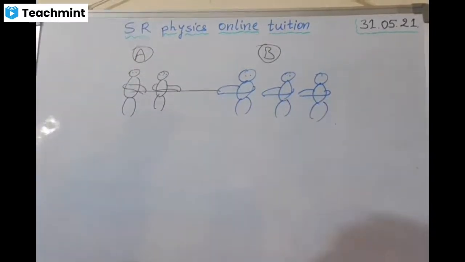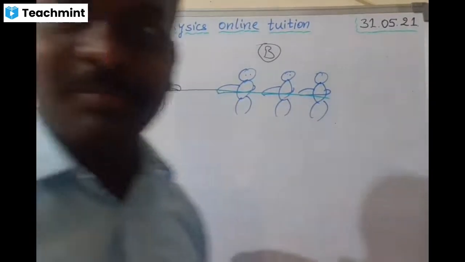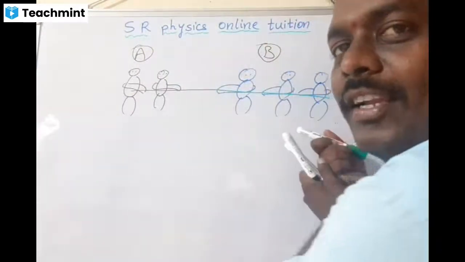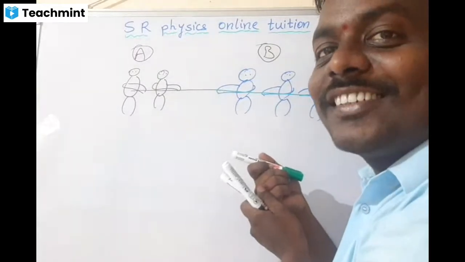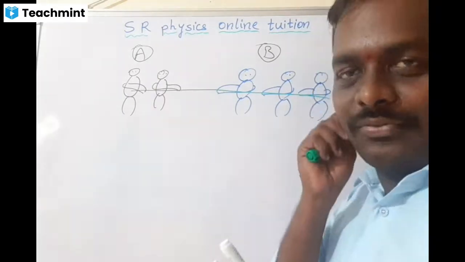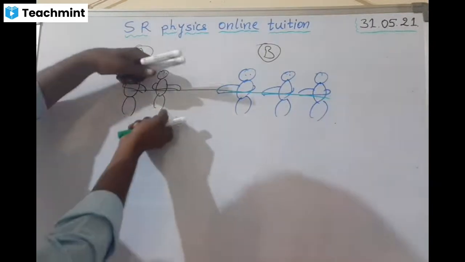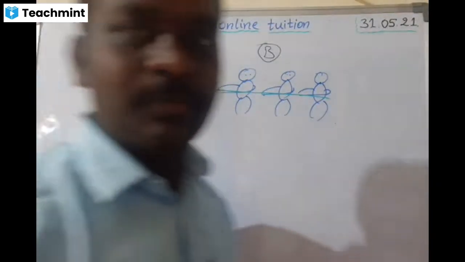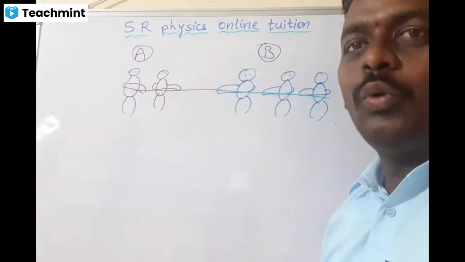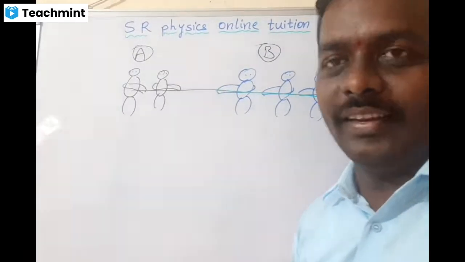So at A team and at B team, there are different number of persons, right? If you observe very clearly, these persons are trying to pull or push. They are pulling towards themselves, and this A batch members are going to try to pull it towards themselves. So who will win? B group is going to win, right?